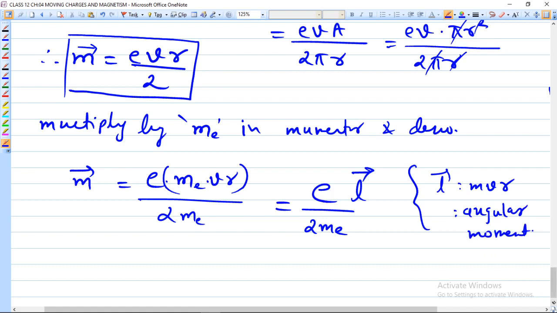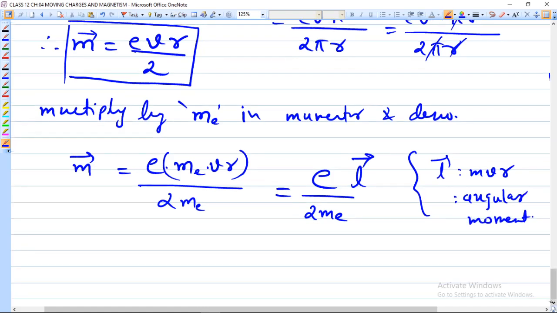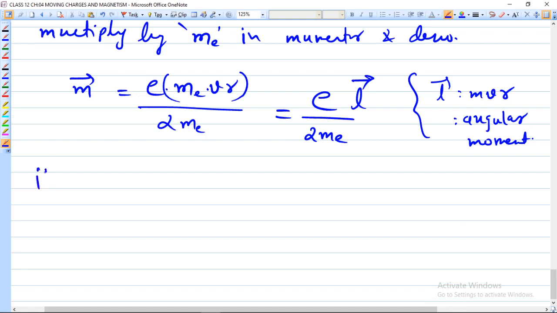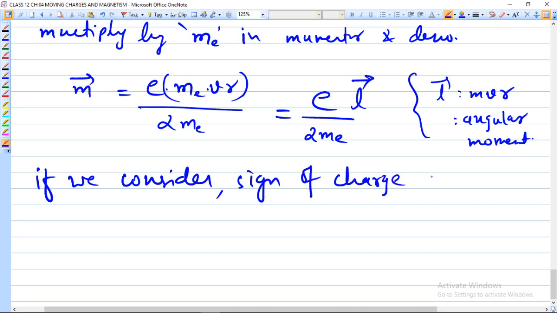If we consider the sign of charge on the electron, then what will we get?